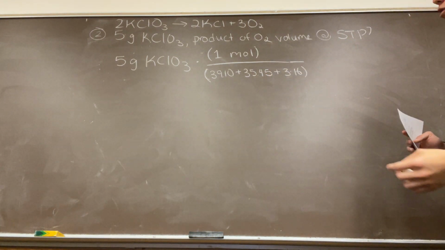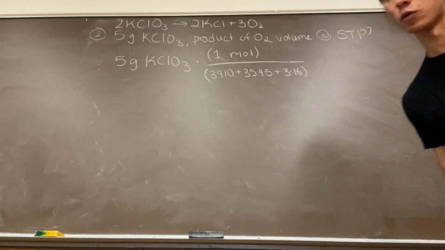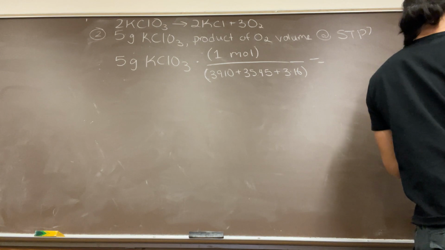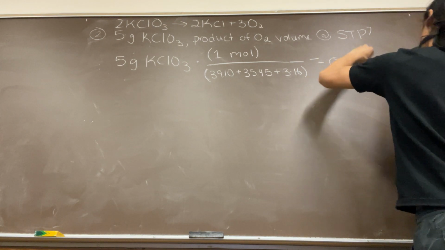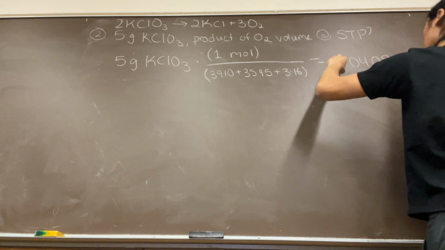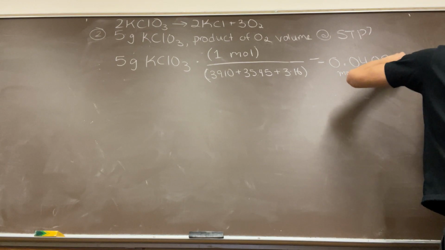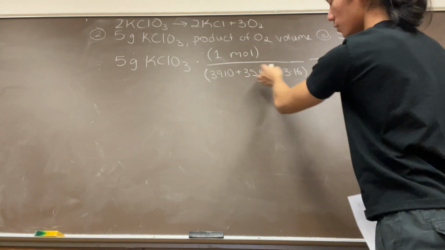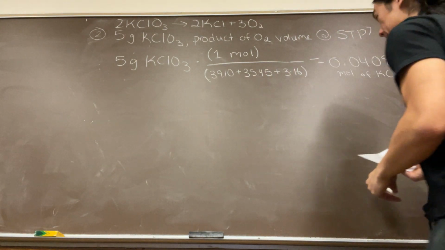So this is our molecular weight. It's how many grams of this molecule are available in 1 mole. So this number turns out to be 0.0408 moles of KClO3. So I just added this up already, and you should get 122.55 out of that.